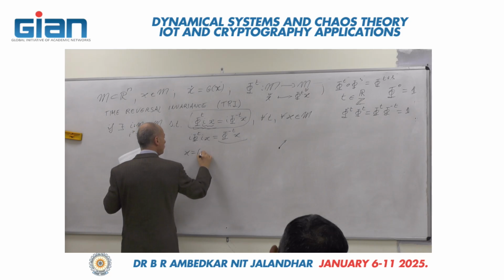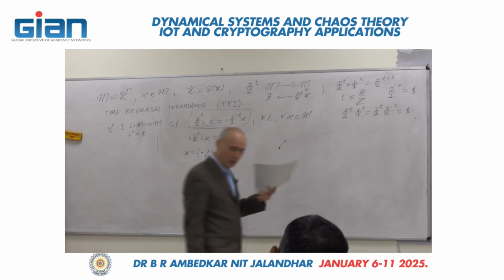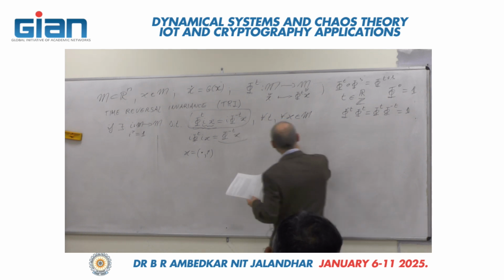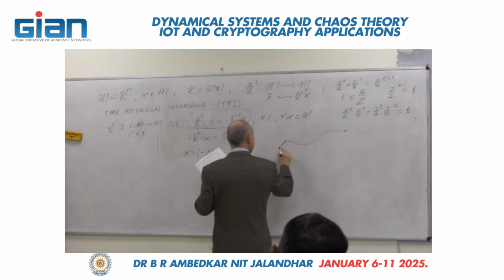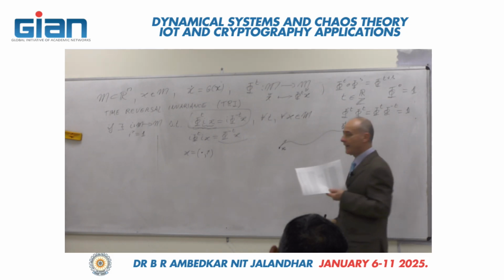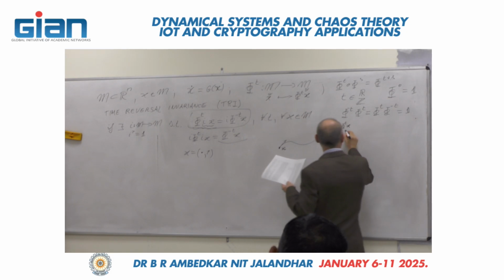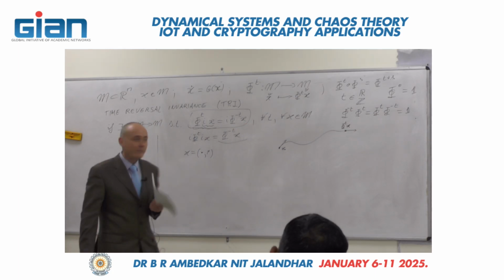X is equal to point, arrow. It's not just the point. So suppose I have a trajectory that goes like this. So this is my x, and this will be my phi t x, a time t later, which means I have a new point and a new arrow.